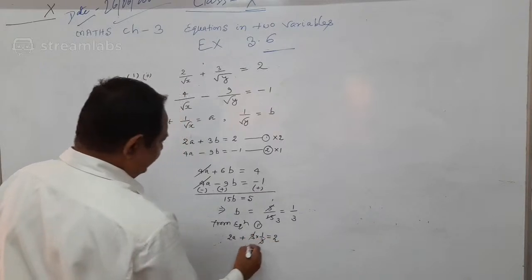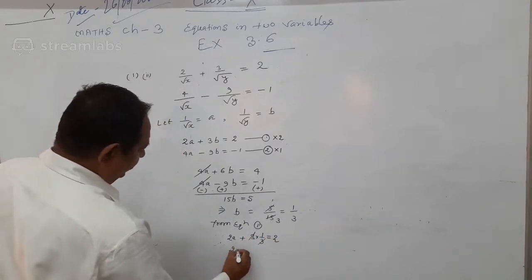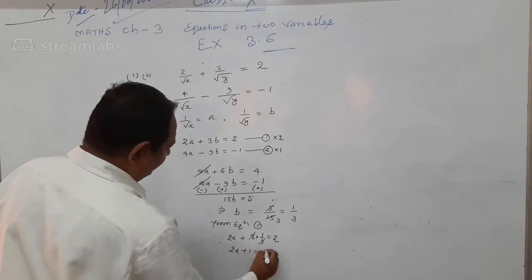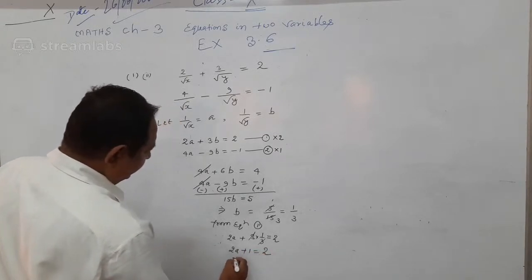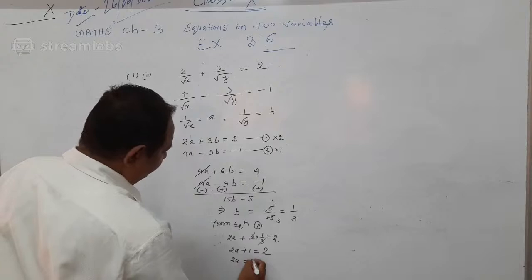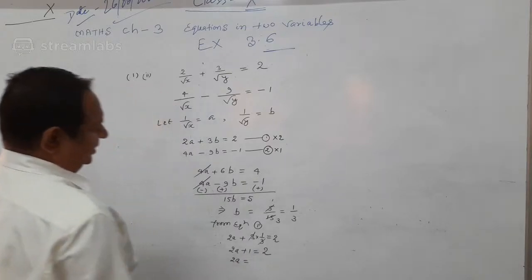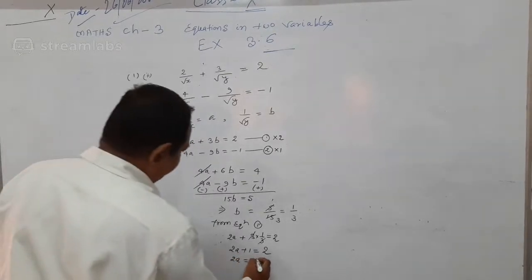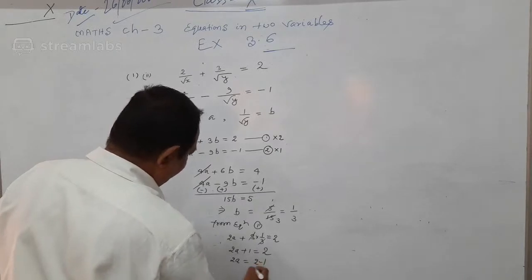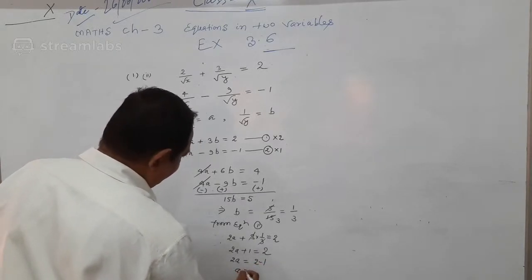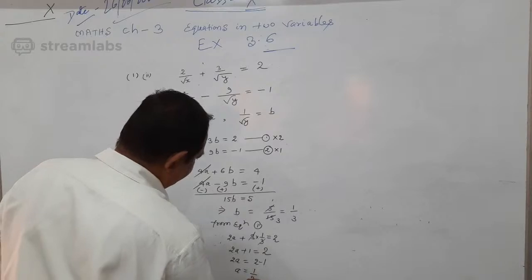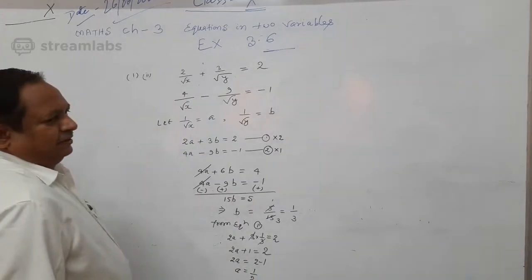So 3 cancels. 2a plus 1 is equal to 2, that is 2a is equal to, transferring this 1 from LHS to RHS, there will be a change in sign, 2 minus 1. So a is equal to 1 by 2.